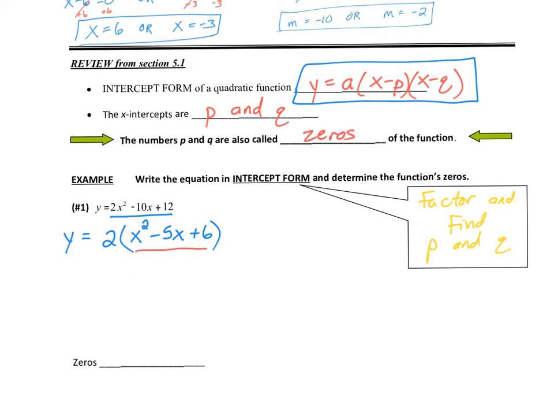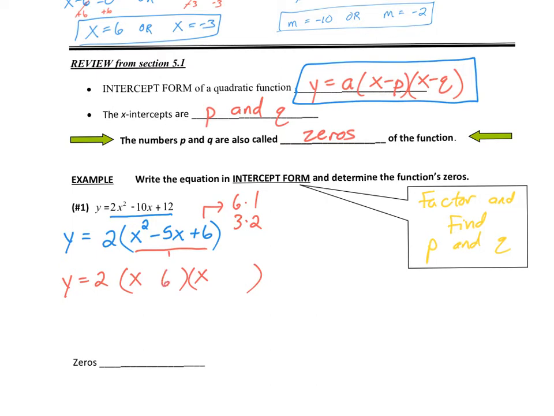We can factor this by doing 2 sets of parentheses and doing our smiley face method. So what multiplies to x squared? X and X. X times x. Now, what multiplies to 6 that can give us -5? 6 and 1. So we could try 6 and 1. Let's try it out.